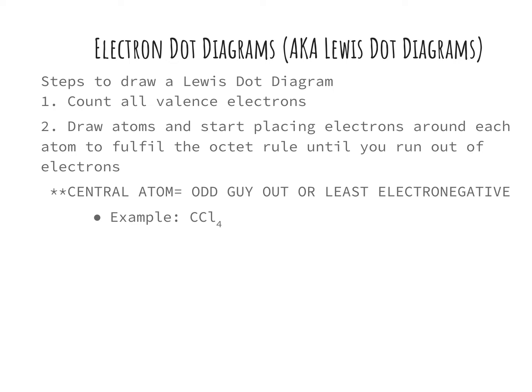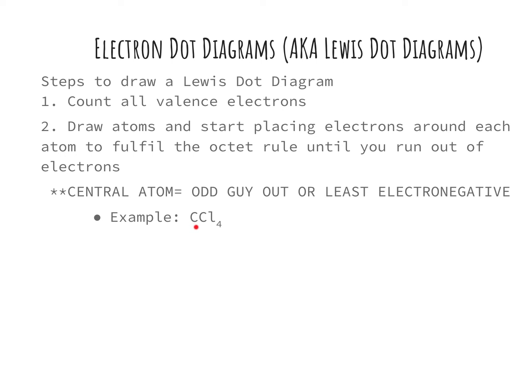When you draw pictures, we do have to know which atom becomes the central atom. The easy way to remember it, I call it the odd guy out. For example, if we have CCl4, how many carbons are there? 1. How many chlorines? 4. So which one's the odd one out? The carbon, right?